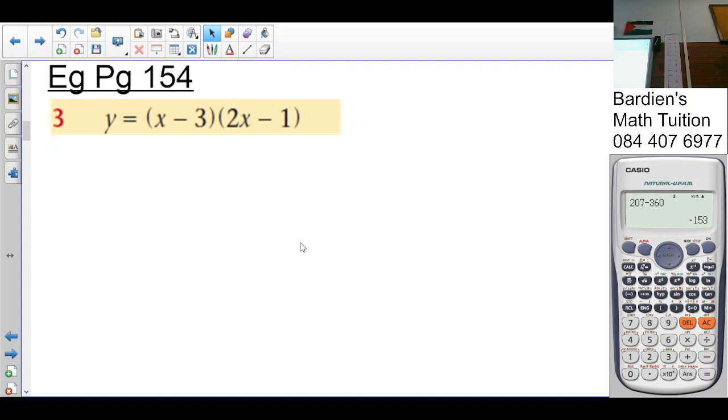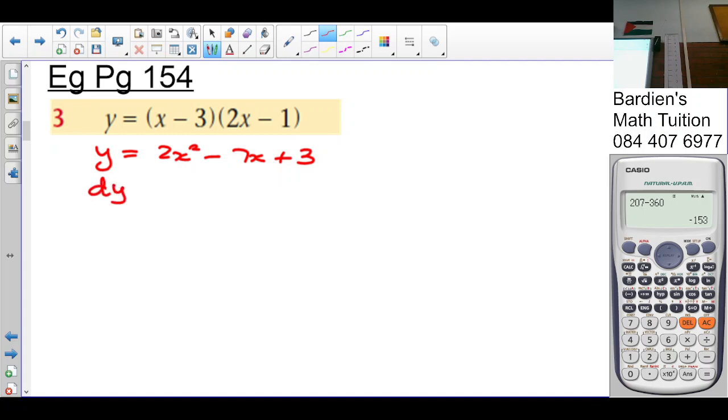Alright, so what do we need to do first? Multiply out. So we get 2x squared minus x minus 6 is minus 7x plus 3. You all agree with that? So what do I do now? Apply the derivative. So what do I write here? dy over dx equals 2, ne? So it's 4x minus 7. You all okay with that?